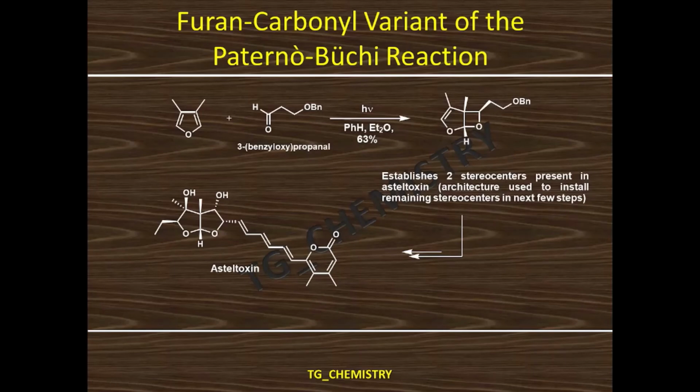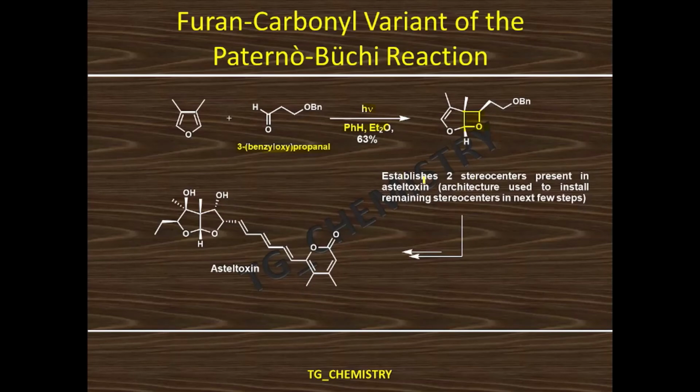Next, another example for the furan carbonyl variant of the Paterno-Büchi reaction. Here in this case you can find that the furan has been substituted at the 3 and 4 positions by methyl groups, and the carbonyl compound has been taken as 3-benzyloxypropanal. When photoirradiated in the presence of benzene and diethyl ether, it ends up with a bicyclic ring system, both heterocyclic structures, one having the furan ring and the other the oxetane ring, fused to each other.